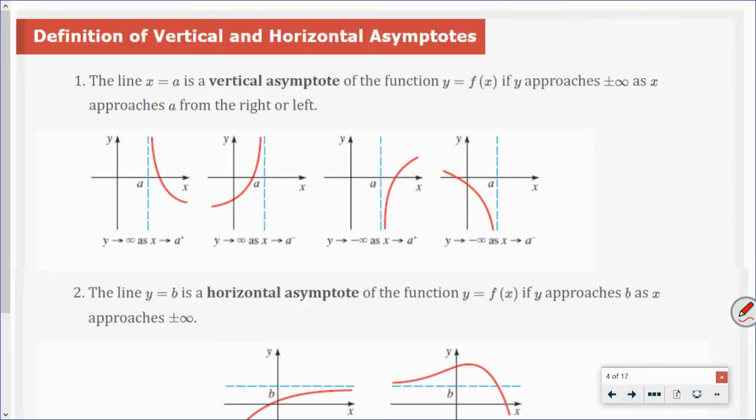Now, vertical and horizontal asymptotes dictate your end behavior. Asymptotes are not magic. We don't actually graph them, and if we do, it's a dotted line. We'll put it on the graph, but you don't need to graph it. When you do it on a calculator, it doesn't actually graph the line, but it is a line that your graph approaches.